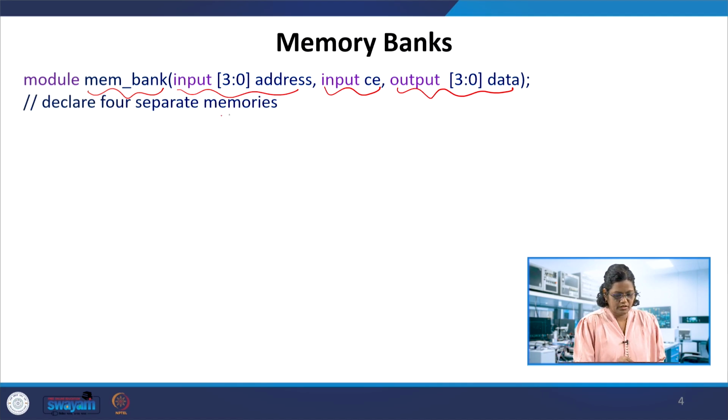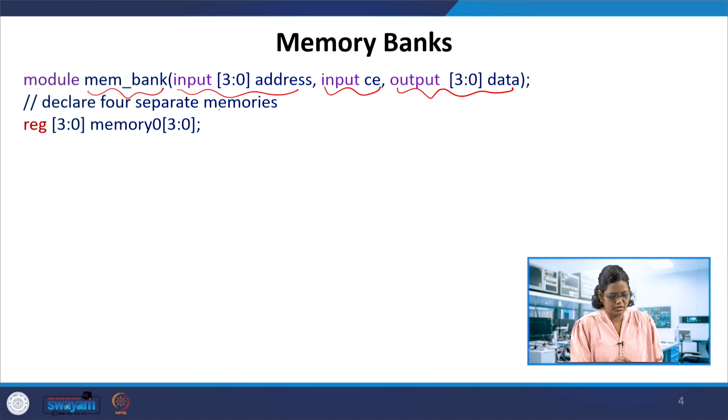Now declare these 4 separate memories. This is the input-output declaration for the memory, and this address locates the memory where we need to go in, where we are going to store the data or retrieve the data.